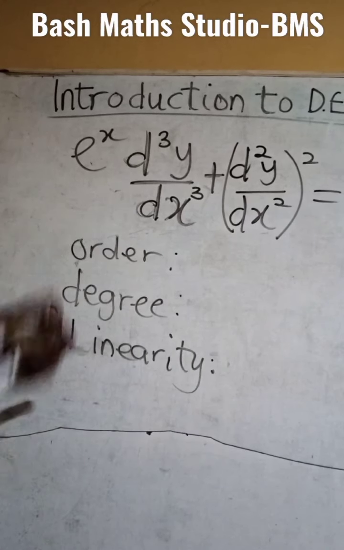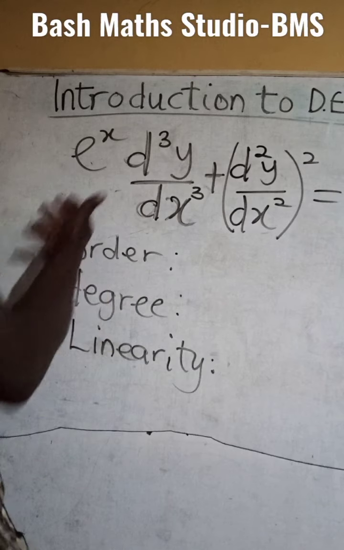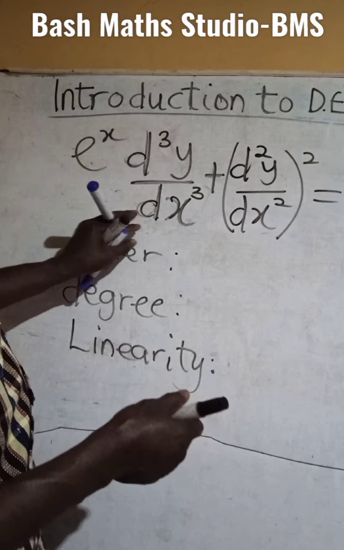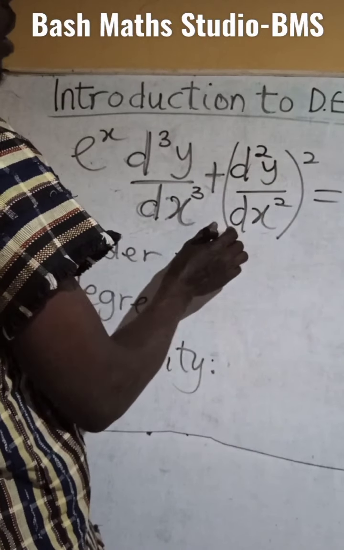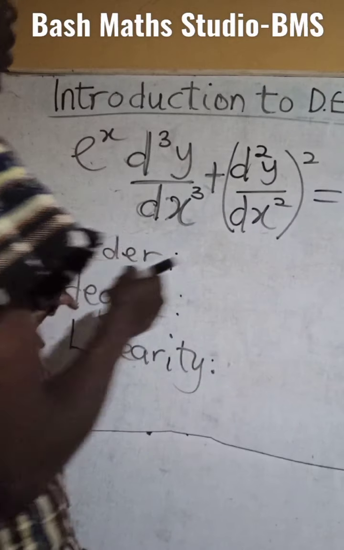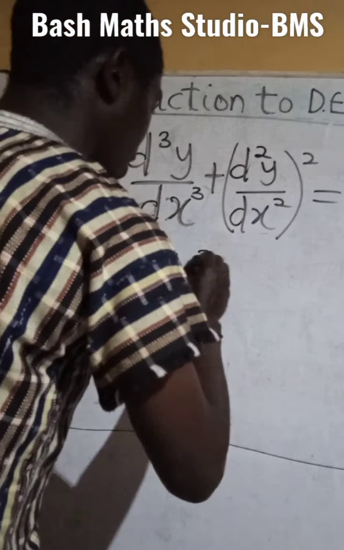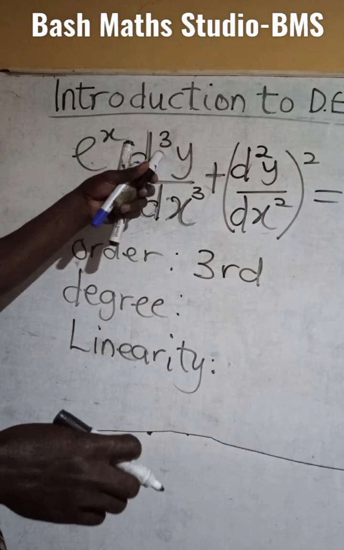So this shall be our last example for today. We have on the board here e exponent x d cubed y dx cubed plus d squared y dx squared all squared equals 0. So the order is third order because the highest derivative there is clearly 3.